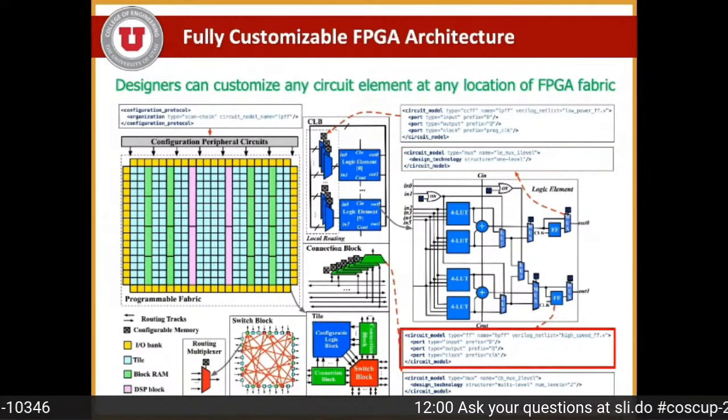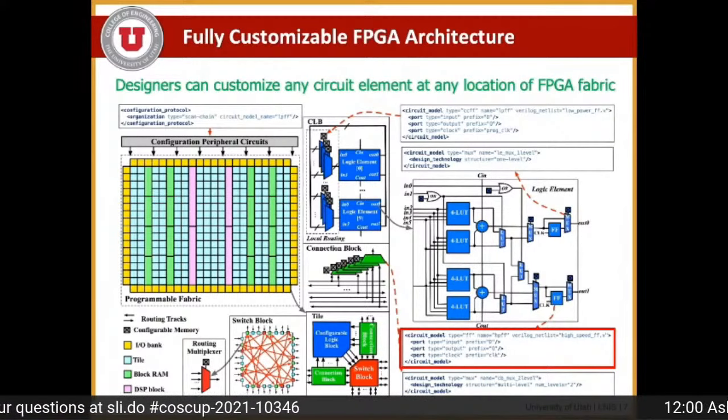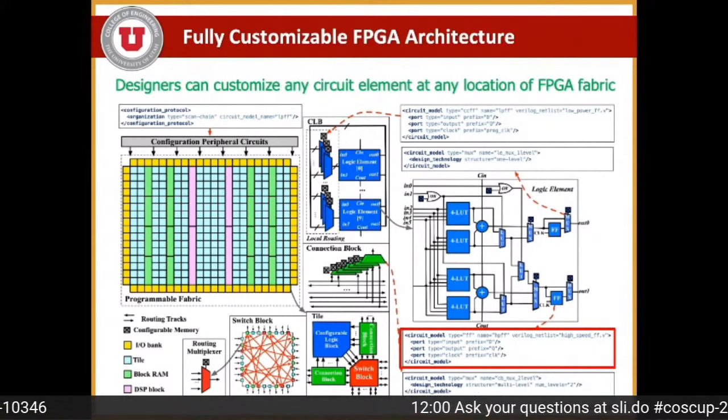The same philosophy can be applied to the registers or sequential elements in the FPGA architecture. For example, in the datapath flip-flop, you definitely want to use the high-speed flip-flop to guarantee the highest performance of the FPGA.